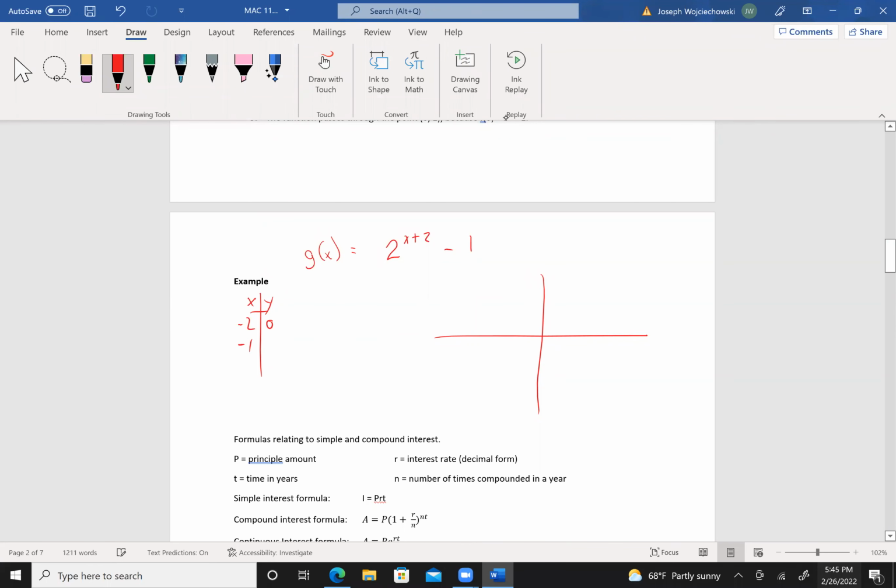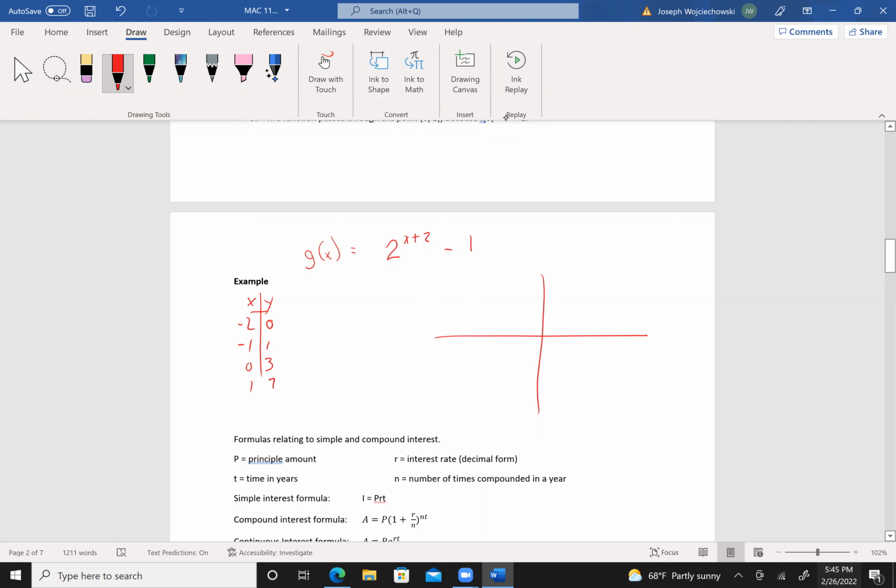What if x is negative 1? We have 2 to the 1 minus 1, which is 1. What if x is 0? We have 2 squared, which is 4, minus 1, which is 3. If x is 1, we have 2 to the third minus 1, which is 7.